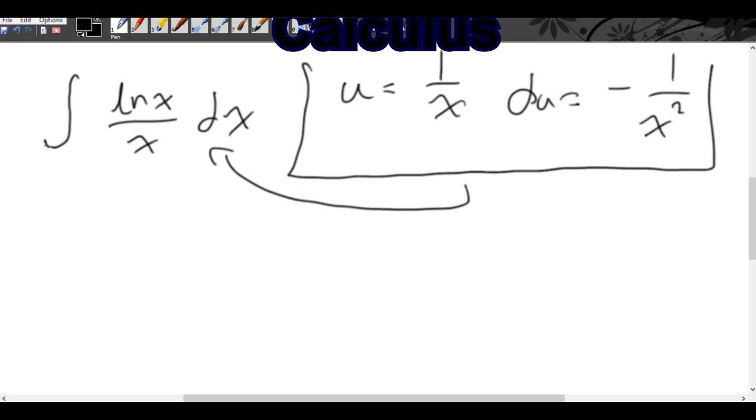But even though we can substitute u, what about du? Can we really put du back in our equation here? Of course we can't. So in this case, we have to pick the right substitution.